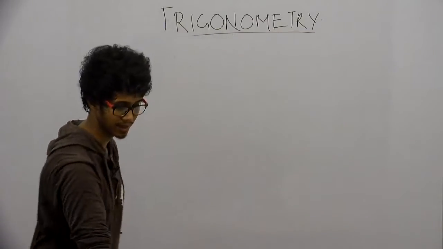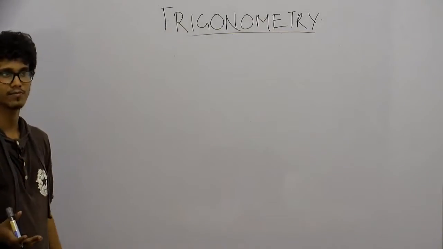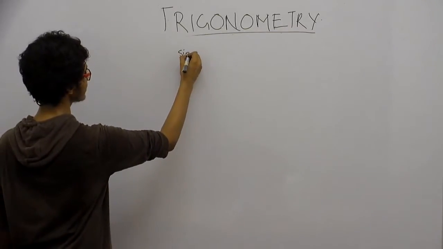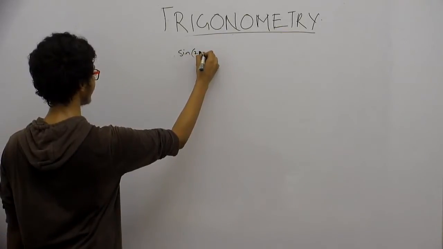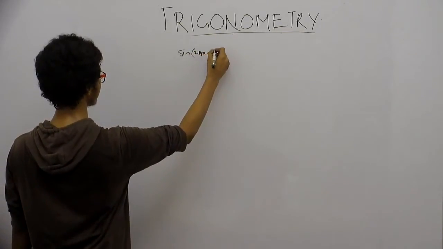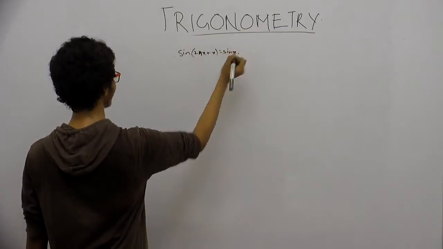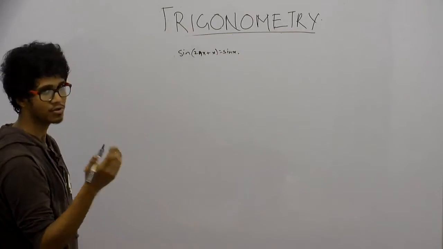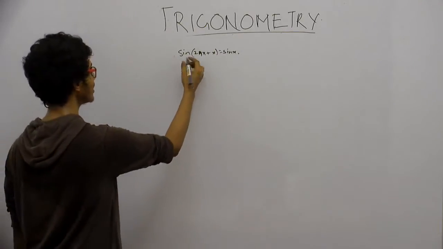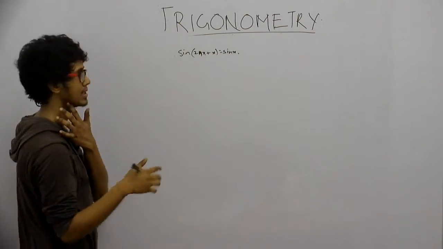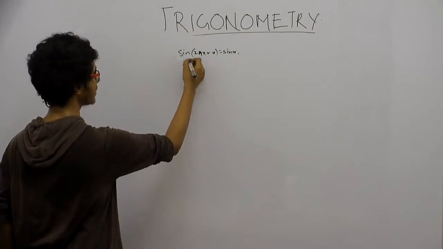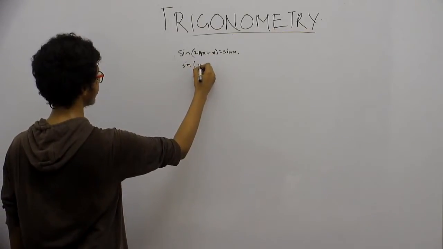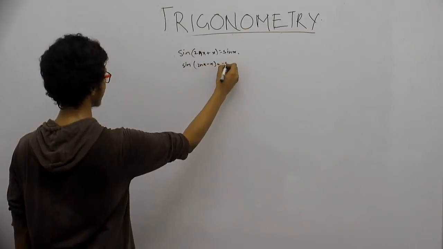Another thing which might have been confusing because it was not explicitly mentioned. Since we generalized sine 2n pi plus x equals sine x, let's do that for sine 2 pi minus x. Sine 2 pi minus x was what? Minus sine x. We generalize it to 2n pi as well, so we get sine 2n pi minus x equals minus sine x.